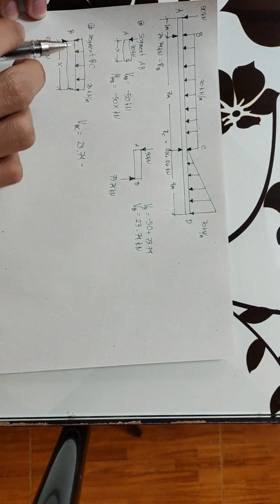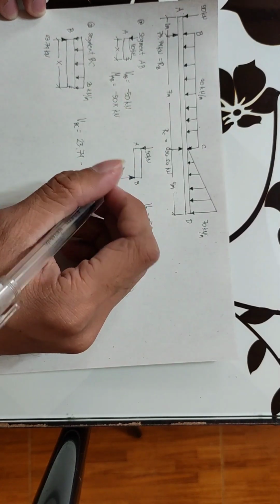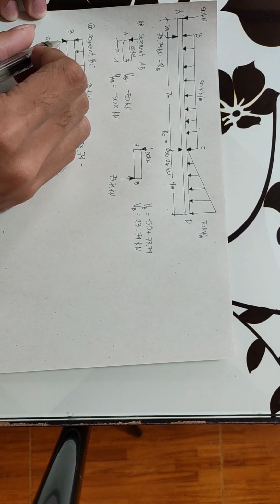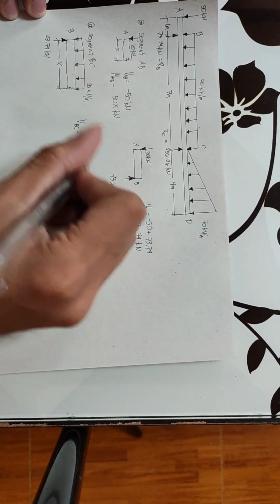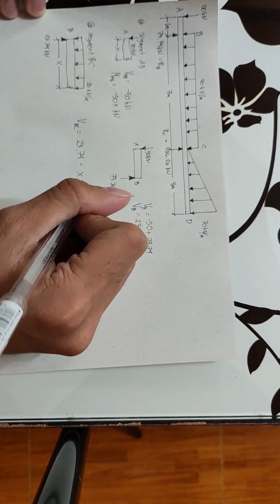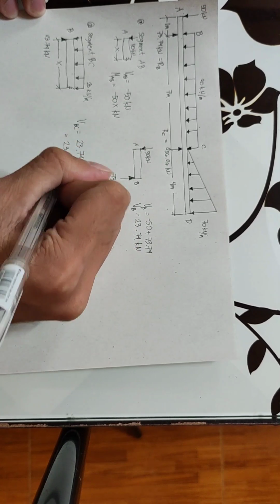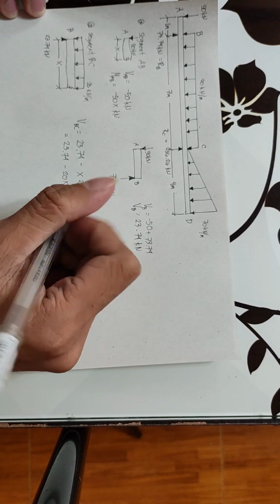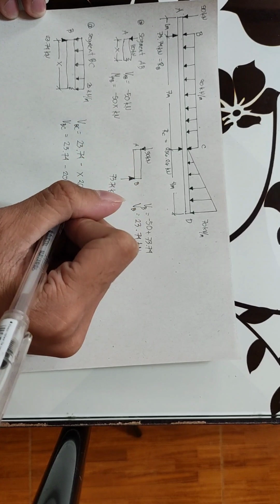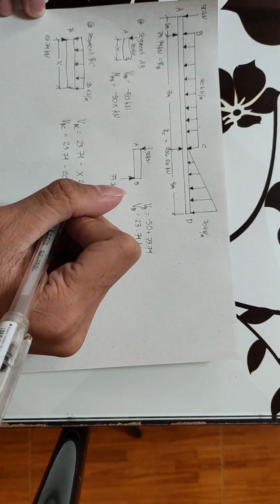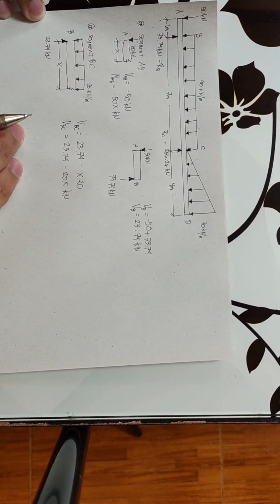To get the force of this uniform load, we get the area, so we have a length of x and a height of 20, so it will be written as 23.74 minus 20x kilonewton, VBC. So it's the shear at BC.